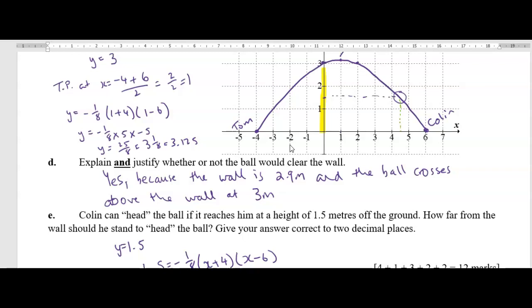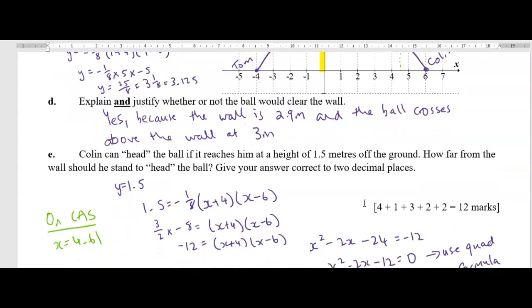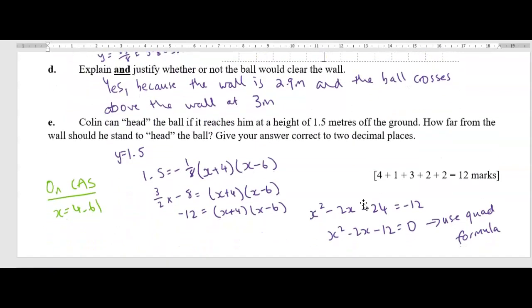If I got an answer that wasn't between 4 and 5, I would probably say I've gone wrong somewhere. So on CAS, x equals 4.61, so stand 4.61 meters from wall. Now, if you use the quadratic formula, obviously you're not going to get it in decimal places.